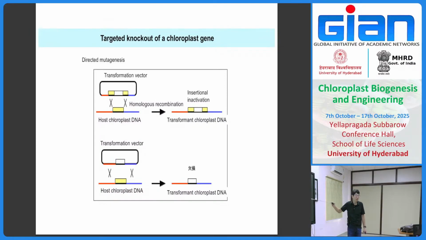This reaction is enhanced in the presence of spectinomycin. In the absence of spectinomycin, this homologous recombination does not need to occur in the chloroplast. But under selection with spectinomycin, this recombination is enhanced, otherwise the cell dies. This is insertional inactivation of the gene. You can knock out a gene by insertional inactivation.